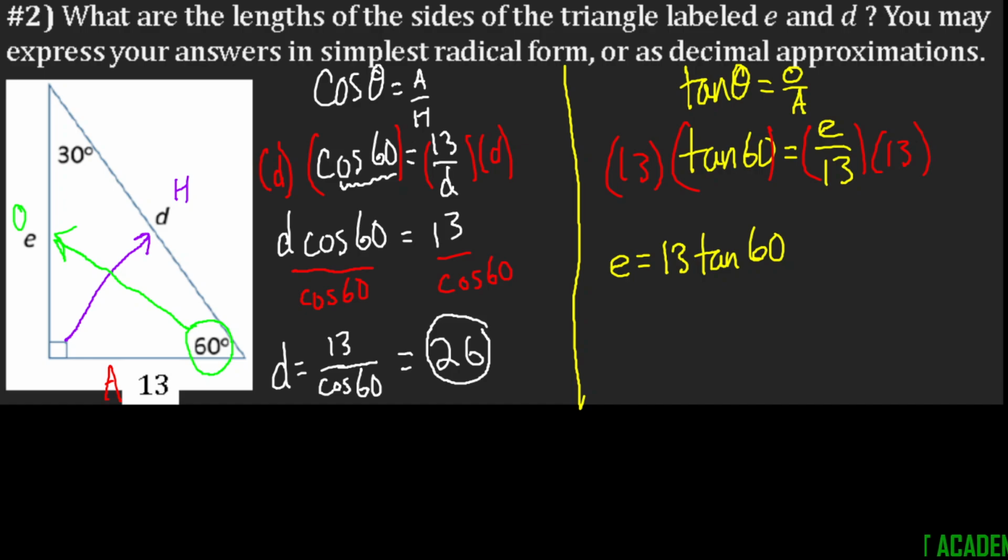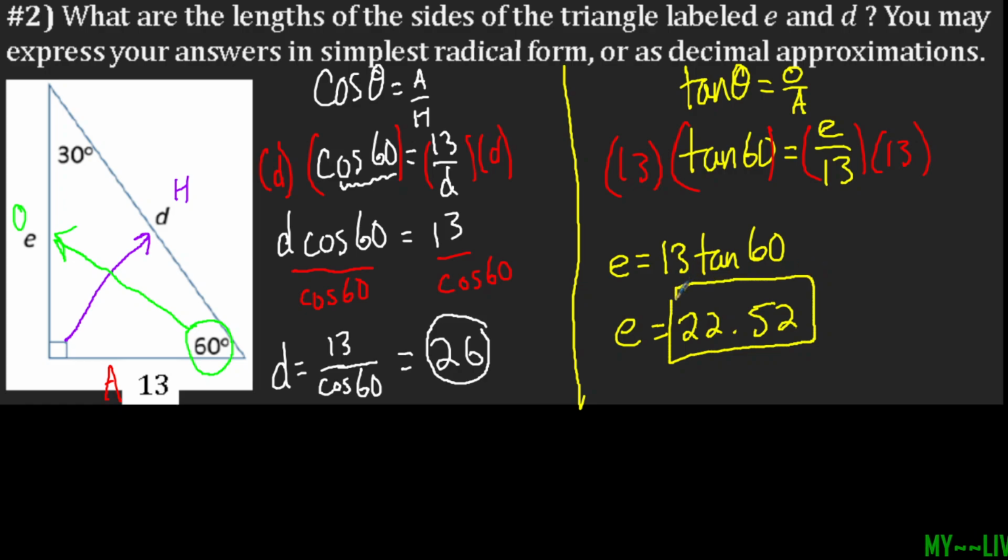E equals 22.52. That makes sense because if our hypotenuse was 26, that means our side length E has to be less than that.